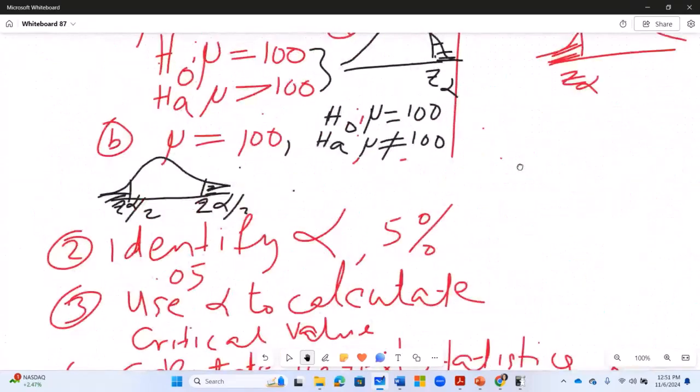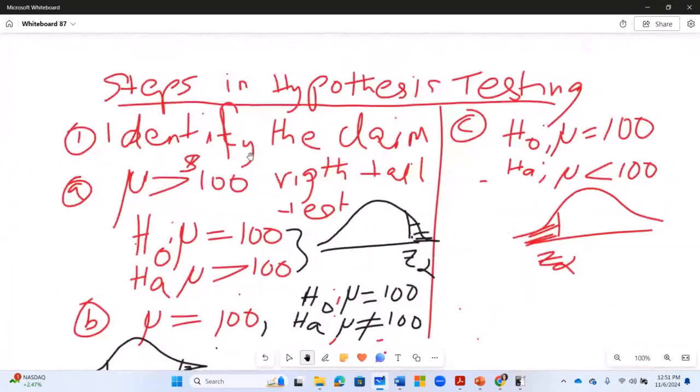I already said that in step 1, you identify the claim. Find what kind of claim you are having. If somebody is claiming that the cost is greater than 100, then it's a right tail test. Or someone is claiming that the cost is equal to, which means exactly or has never changed.